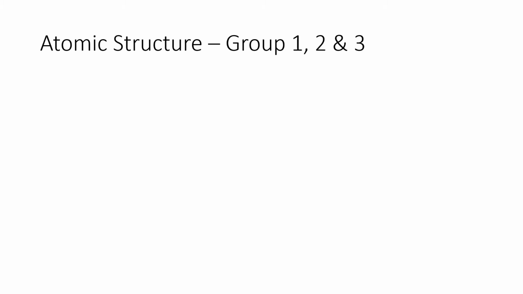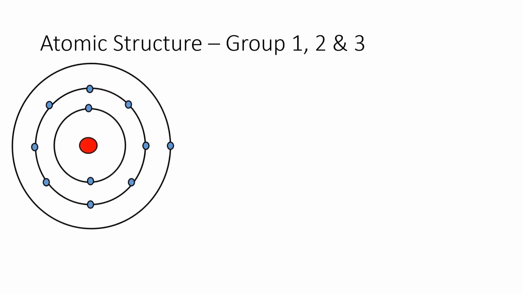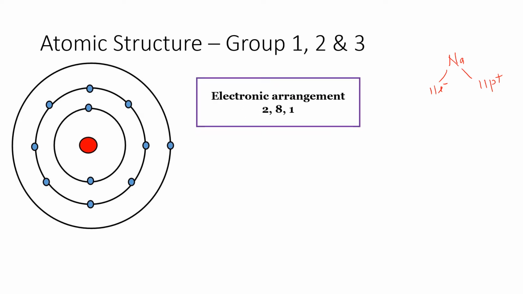Sodium, for example, has 11 electrons, 11 minus, and 11 protons, 11 plus, and it has 3 shells. They contain 2, 8, 1 respectively. It is shown in electronic arrangement.